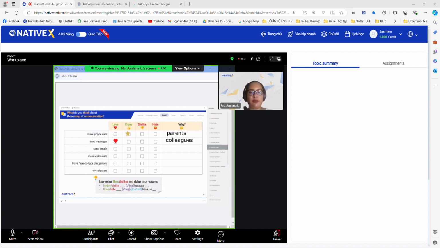Okay, excellent. Emails? I dislike sending emails at work because with my company, my tasks are unformal, so I don't have to use it. Okay, very good.